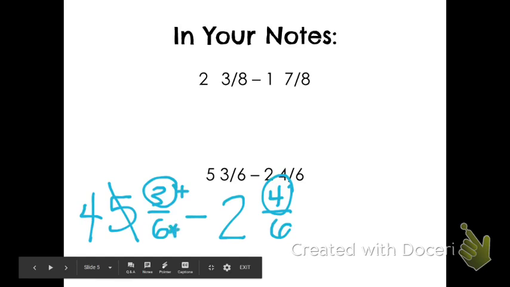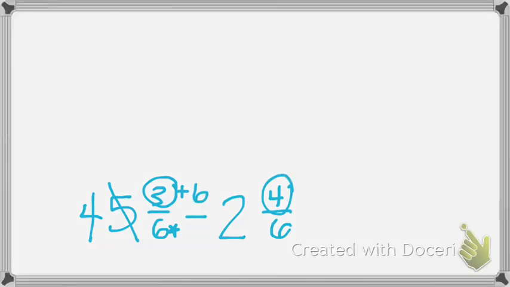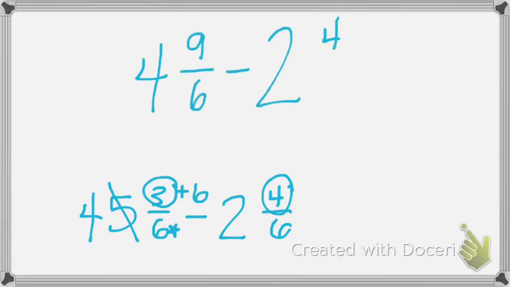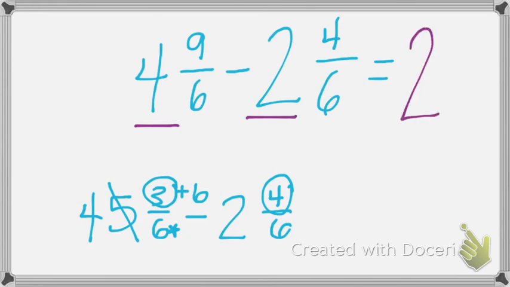So for this one, I'd be adding 6/6, so it'd be 3 plus 6. So I end up with 4 and 9/6 minus 2 and 4/6. Well, when I subtract this time, I end up with 4 minus 2, which gives me 2. 9 minus 4, which will give me 5. My denominator doesn't change, so my final answer would be 2 and 5/6.